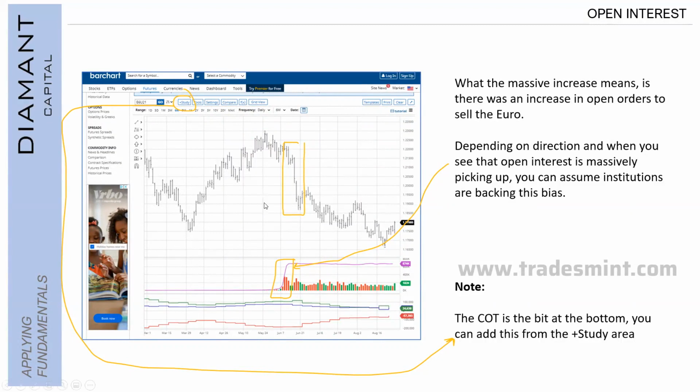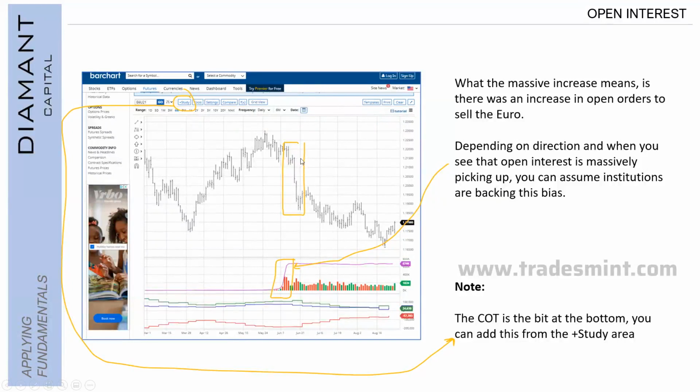Now, if you were trading during that time and you saw the monetary policies actually play out like that, and you expected to keep on seeing sells, one important thing you could have done is look at this open interest graph and see what was going on. As soon as you start to see this open interest spike up, what does that mean? Interest in the euro contract is building up. Therefore, you're not going to understand whether it's building up for buys or sells.